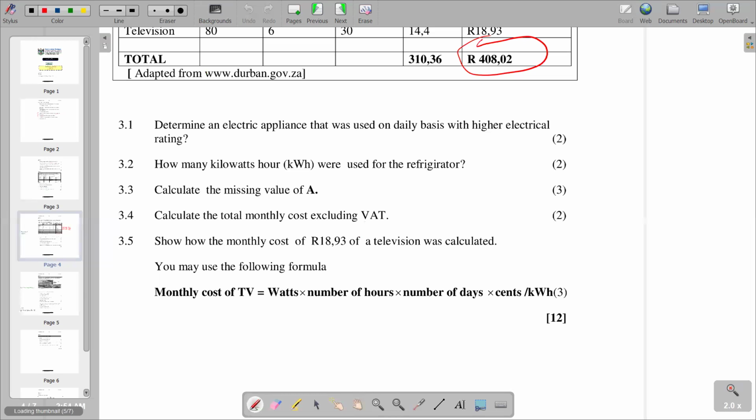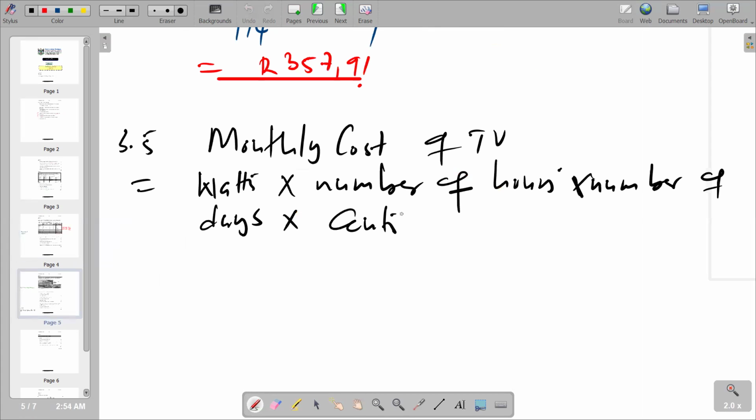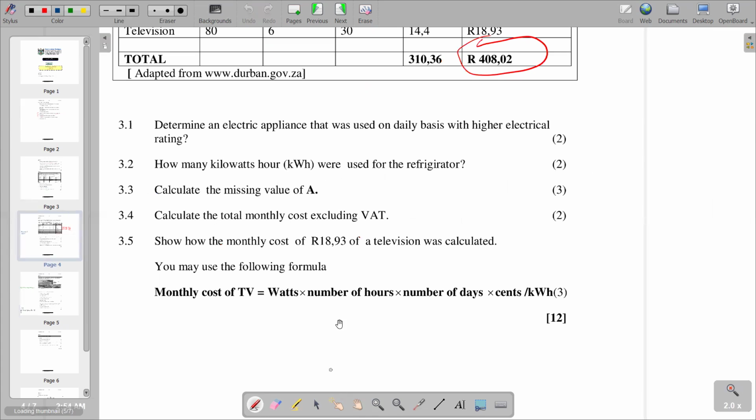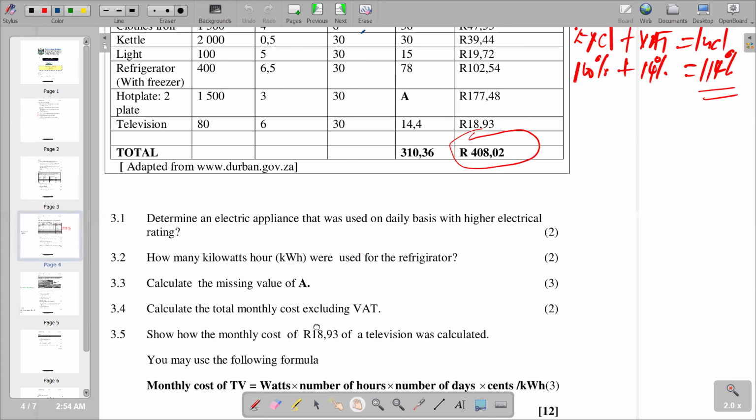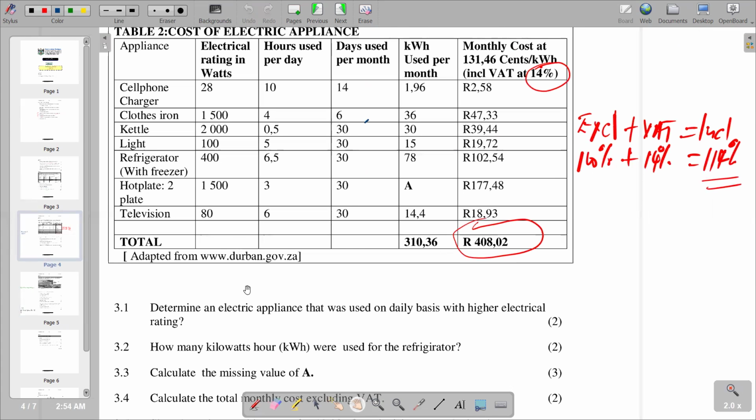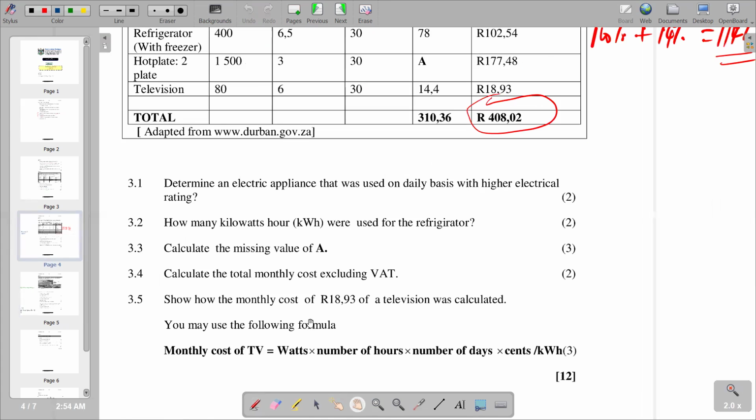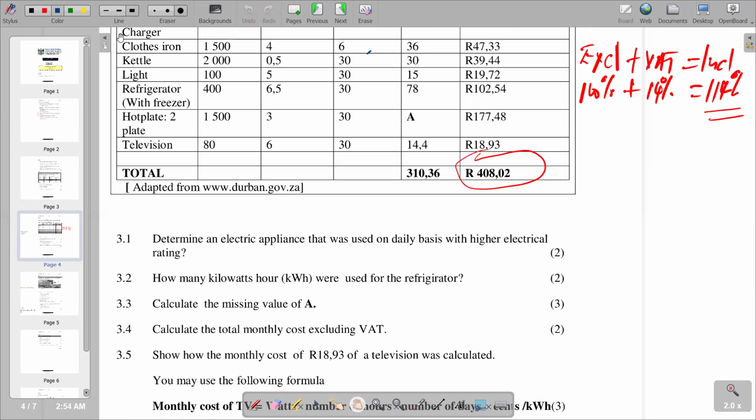So this is what we have basically. So we can try to substitute in terms of the figures that we have. And of course, remember, this is for television. So television, we are having it here.